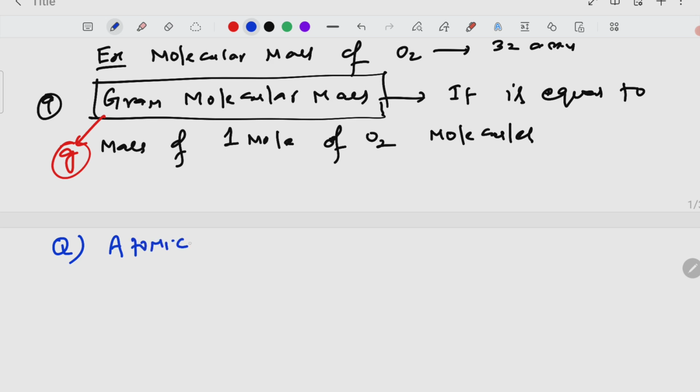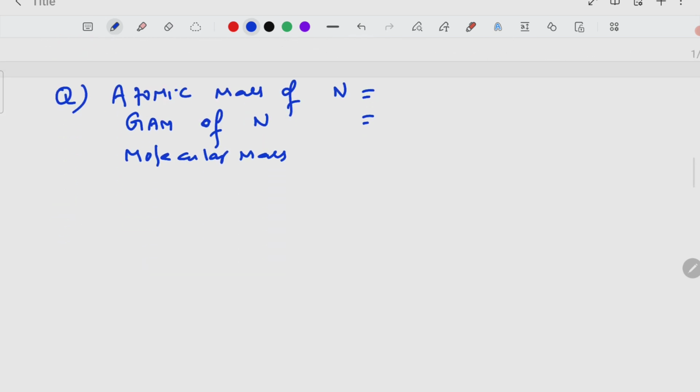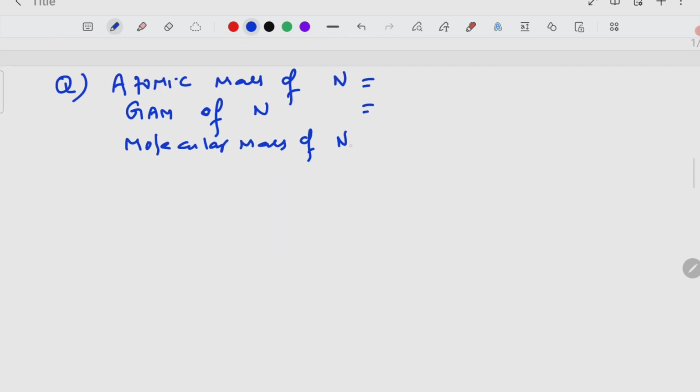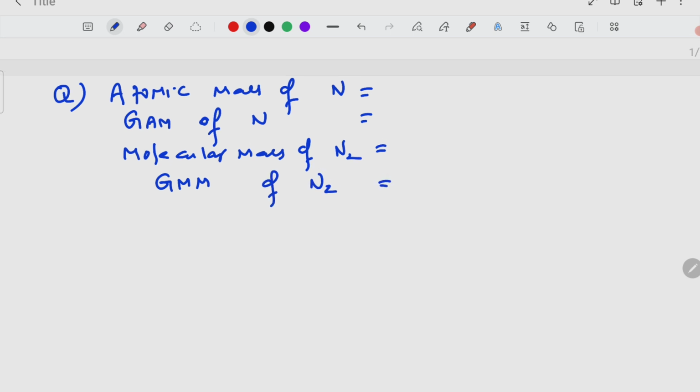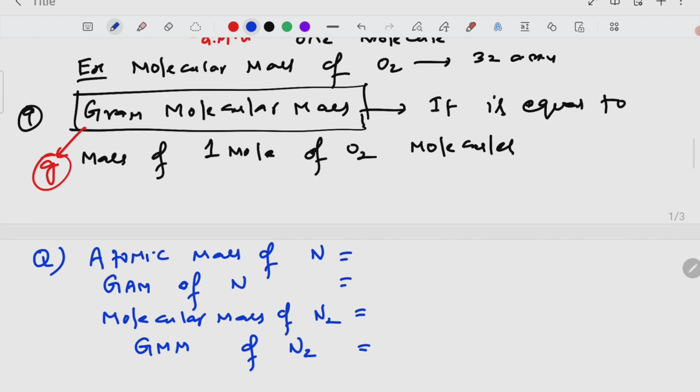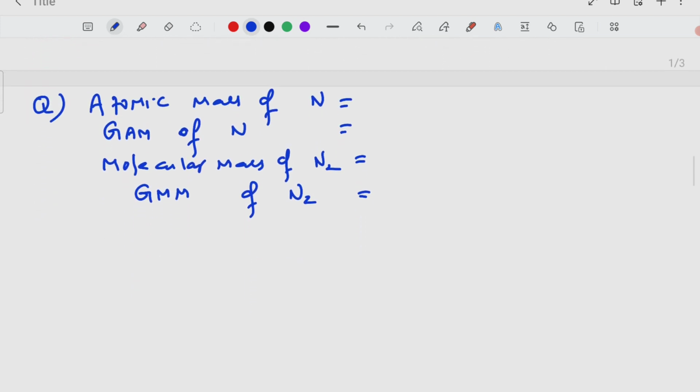What is the atomic mass of nitrogen, the gram atomic mass of nitrogen, the molecular mass of nitrogen, and the gram molecular mass of N2? These 4 questions: gram molecular mass, atomic mass, gram atomic mass.